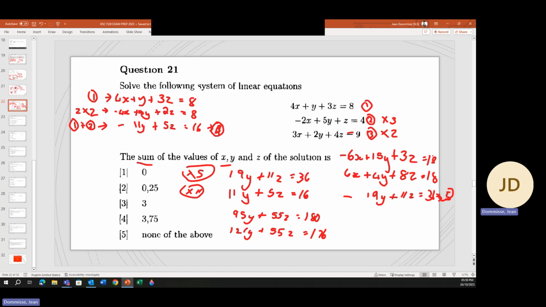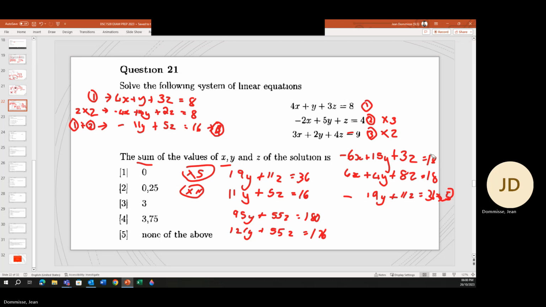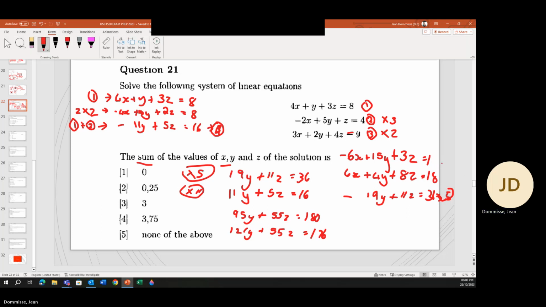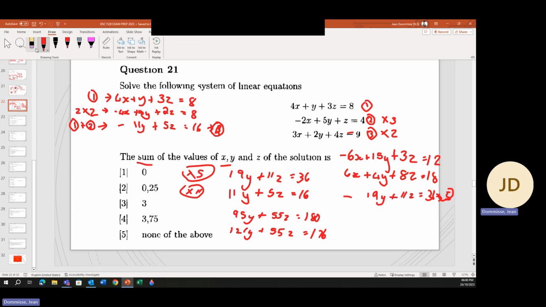Okay, that was 12, not 18. 6 was right, 4 was right, 8 was right, 18 was right. So, okay, it should have just been 12. Can that really make such a big difference?